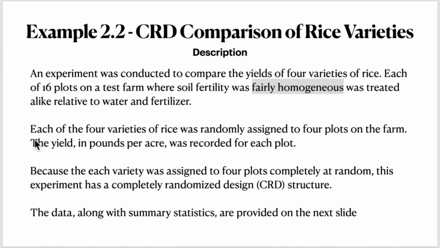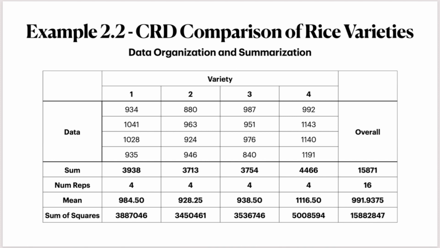Okay, now the raw data along with summary statistics are provided on the next slide. So in the body of the table here, we have the actual raw data, and then for each of the samples, I have computed the various summary statistics that we require.